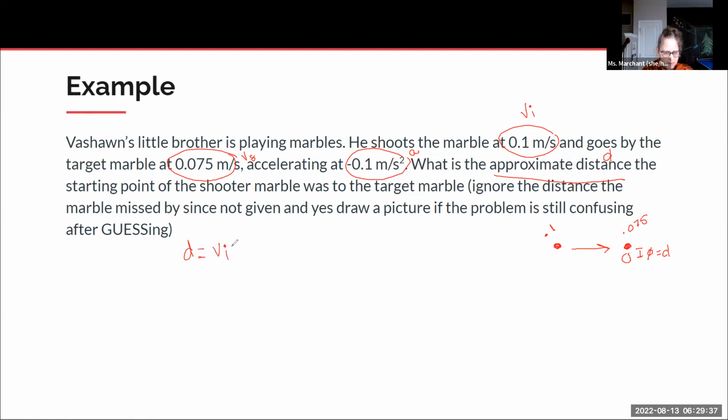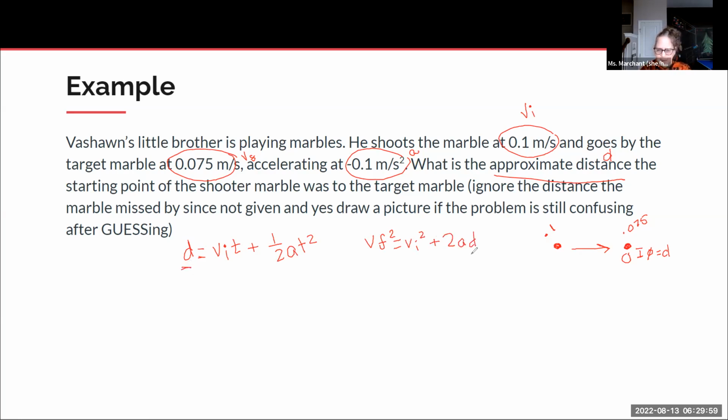I'll write down my distance equations first. And velocity final squared equals velocity initial squared plus 2AD.